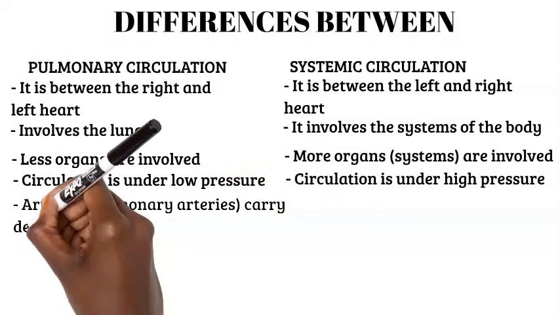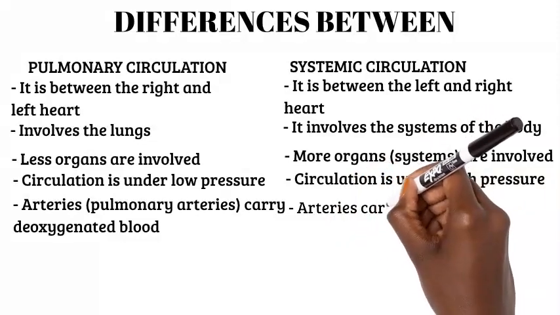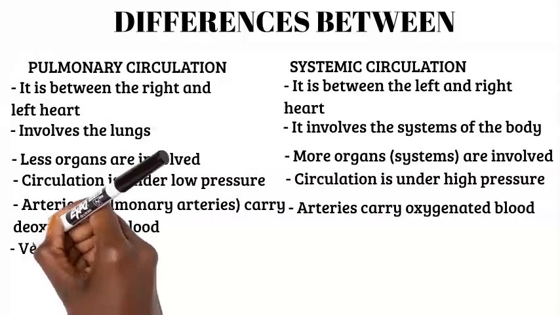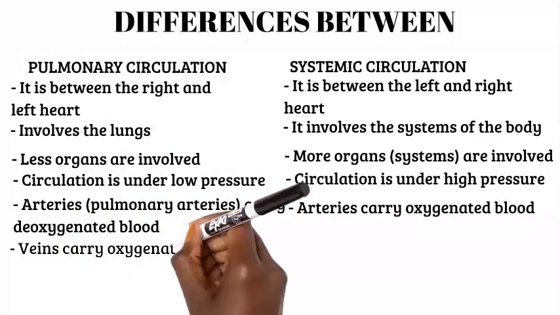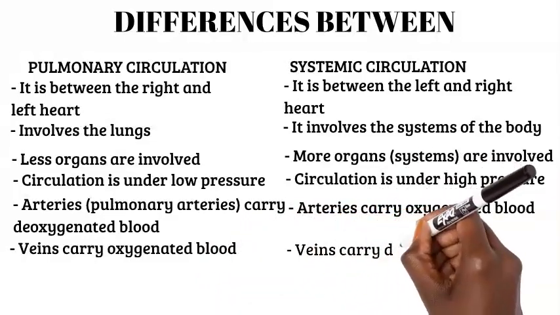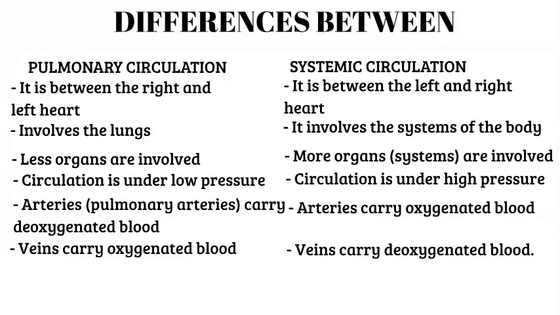In systemic circulation, arteries carry oxygenated blood. In pulmonary circulation, veins carry oxygenated blood, whilst in systemic circulation, veins carry deoxygenated blood. So these are the differences between pulmonary circulation and systemic circulation.